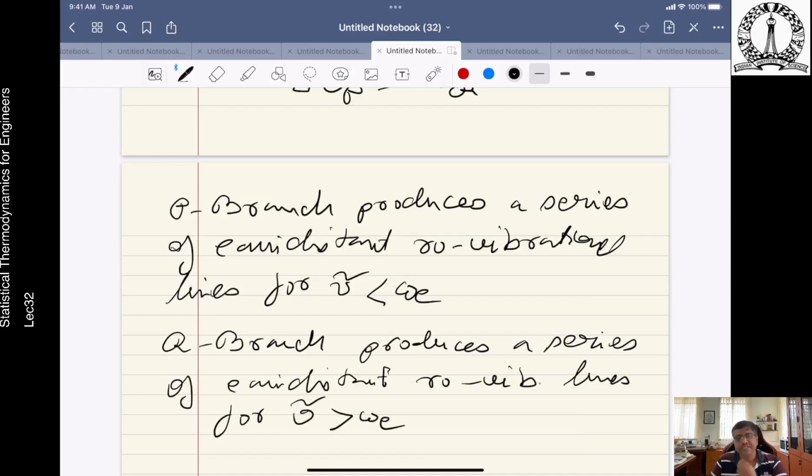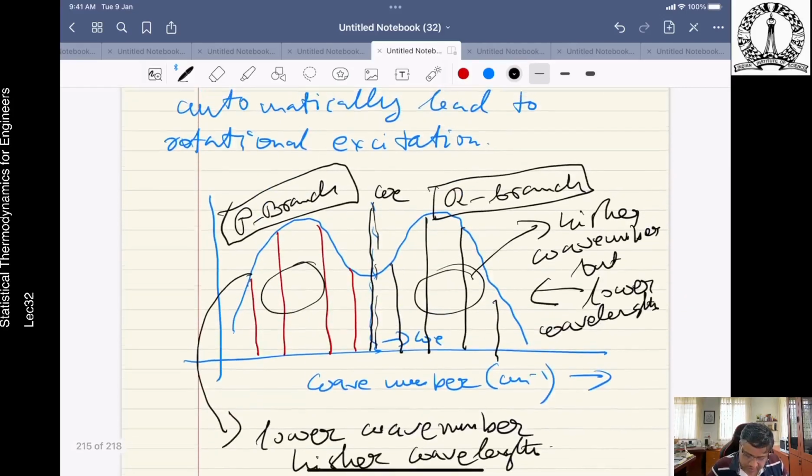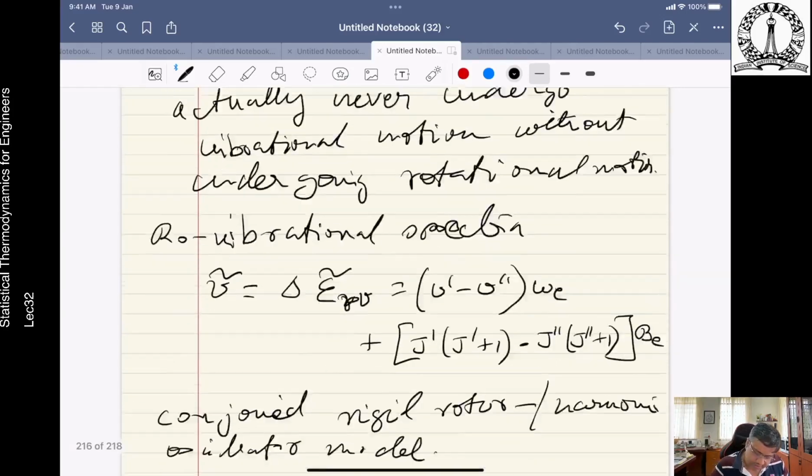This is what we suggested in the figure. If you look at this particular figure, this is what was suggested there, right?